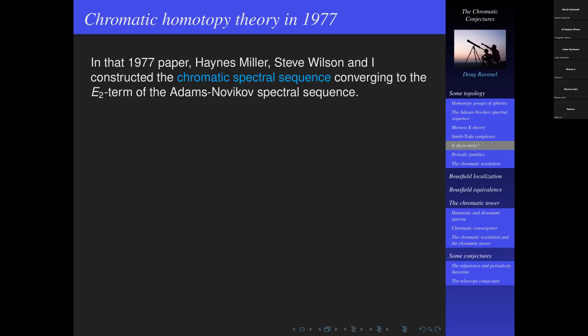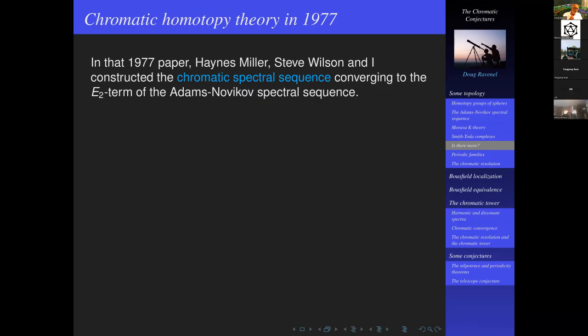Now, if you're not familiar with spectral sequences, this may sound very daunting, and I'm not going to be able to explain what spectral sequences are. Let's just say they're algebraic machines. In this case, there's two of them. There's one for calculating the homotopy groups of spheres, which starts out with a certain algebraically defined gadget, and then you have to do some very difficult calculations to get from that algebraically defined gadget to the thing that you really want to know about, the homotopy groups of spheres.